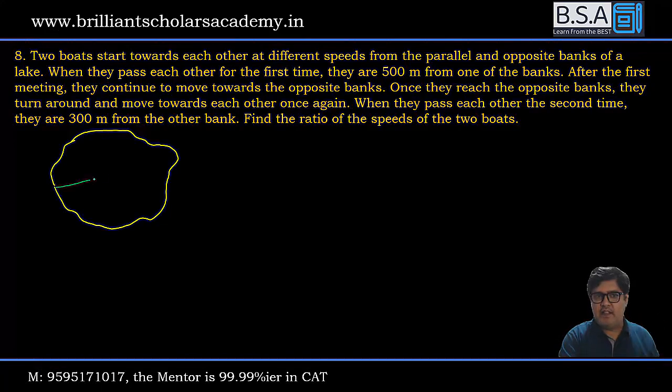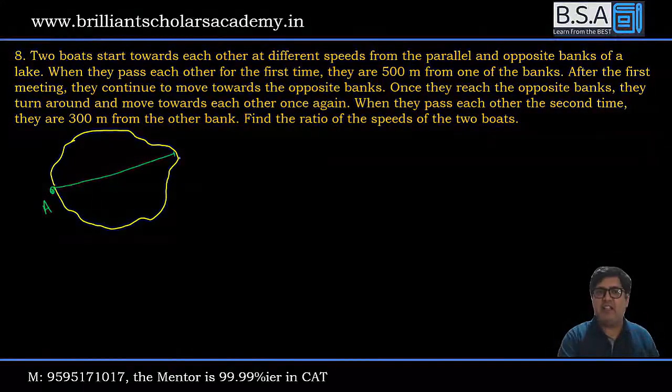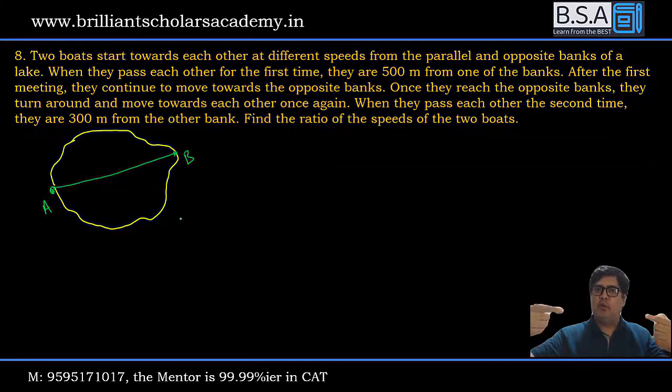So let us say this is end A, this is end B. They move towards each other. They meet 500 meters from one of the ends, one of the banks. It does not say which one.